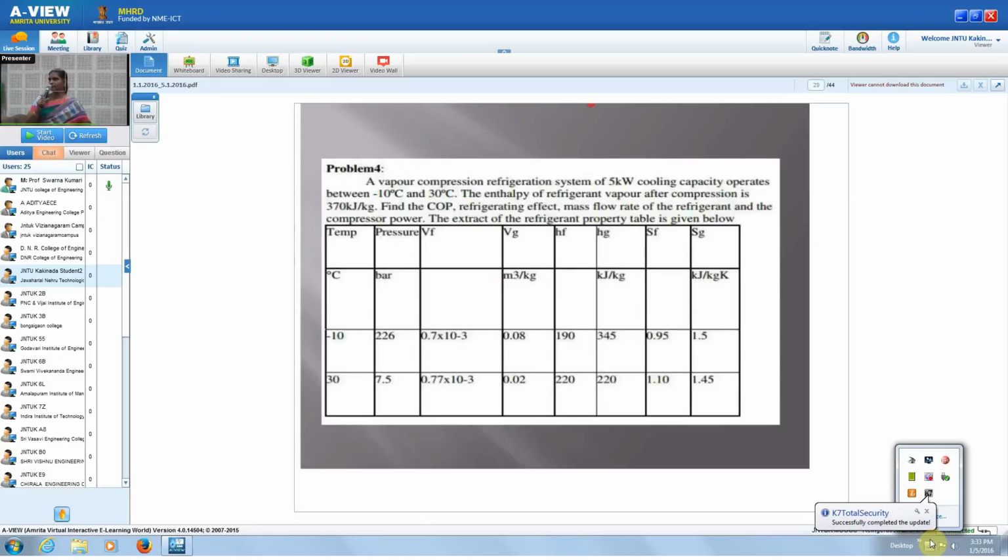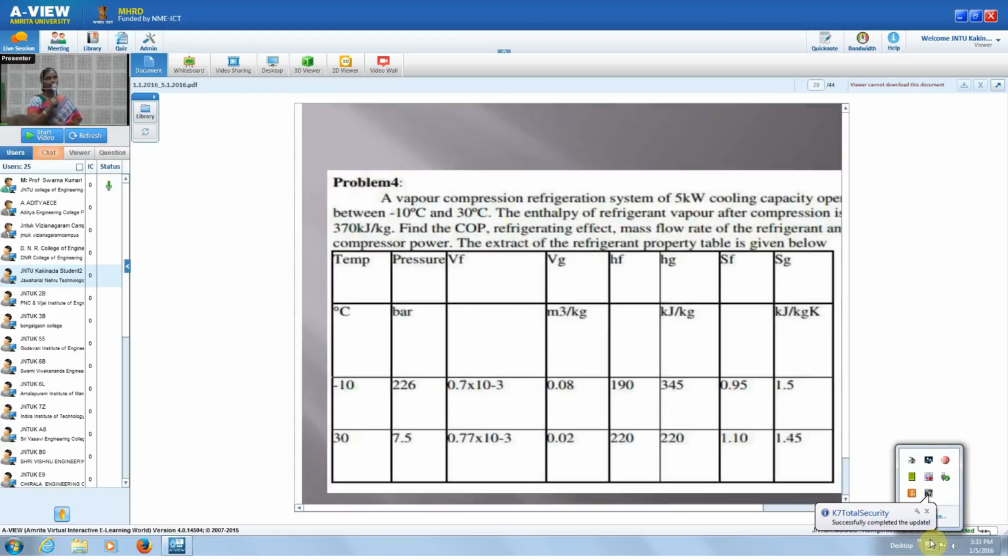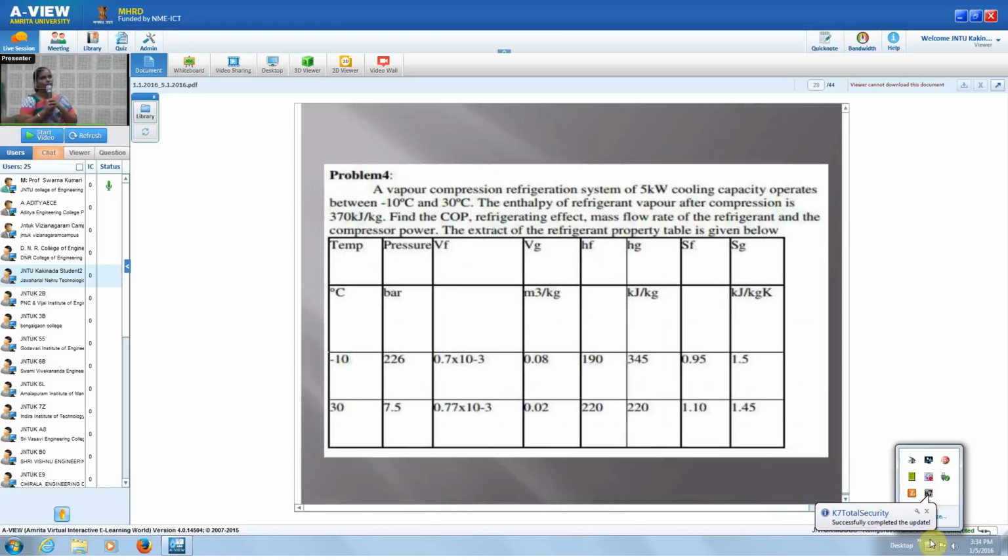So you take this problem for homework. A vapor compression refrigeration system of 5 kilowatt cooling capacity operates between minus 10 degrees centigrade and 30 degrees centigrade. The enthalpy of refrigerant vapor after compression is 370 kilojoules per kg.